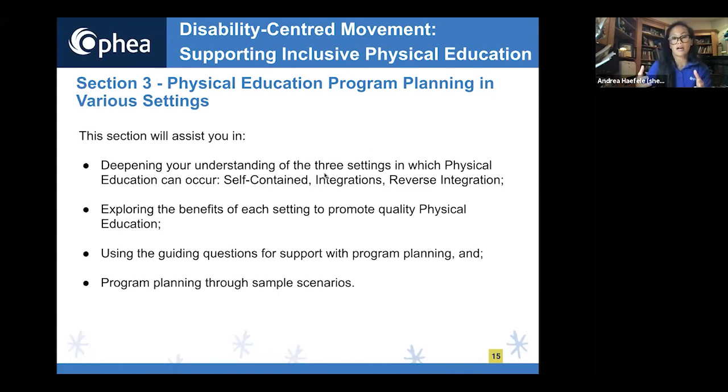So not all the time it can be self-contained, but it could be integration in term 2. Or like what Jen was describing, her leadership class starts with all that front loading of the content and how to work with people with disabilities. And when they are ready, she'll start reverse integrating them into the self-contained class. So this section is very valuable for those people who are asking questions regarding what does this look like? How do we do it? And where do we start?